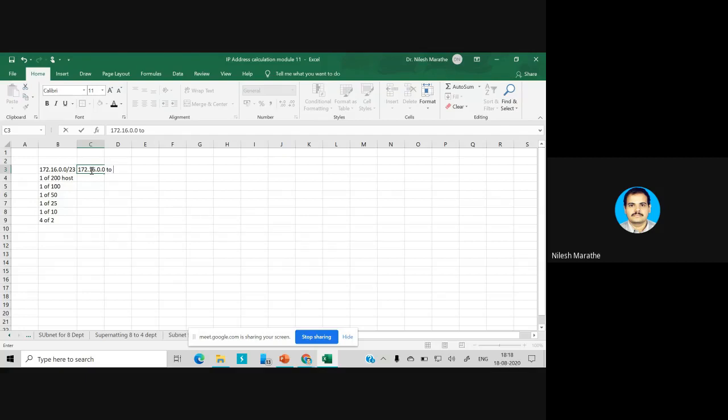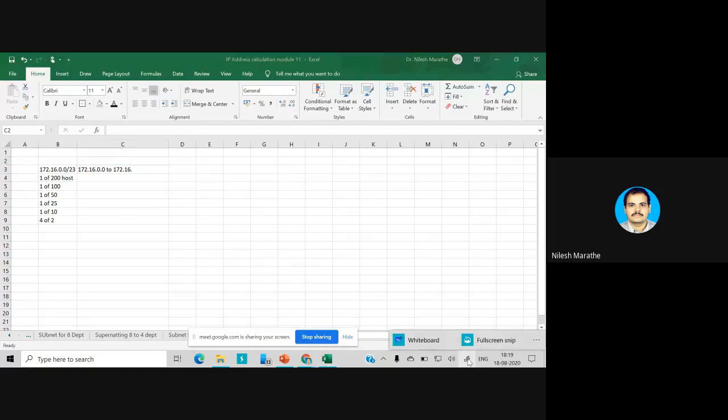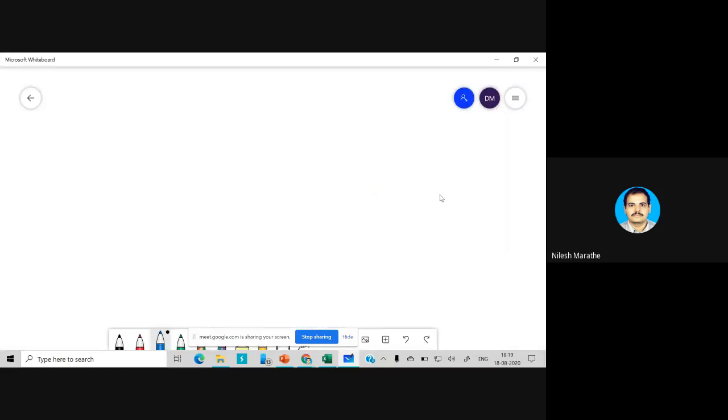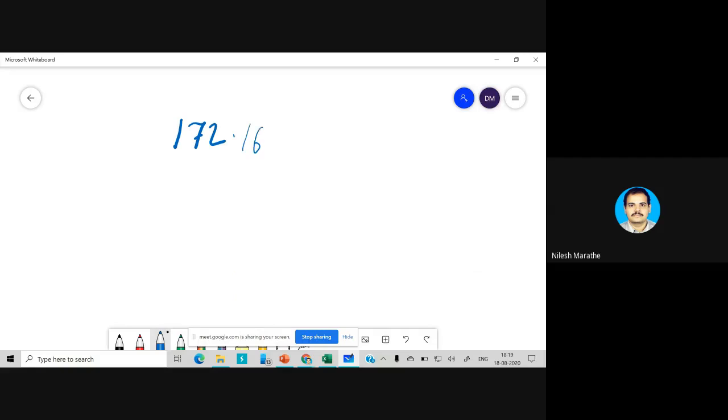Where will it go up to? /23 means the first two octets do not change, so it is 172.16.